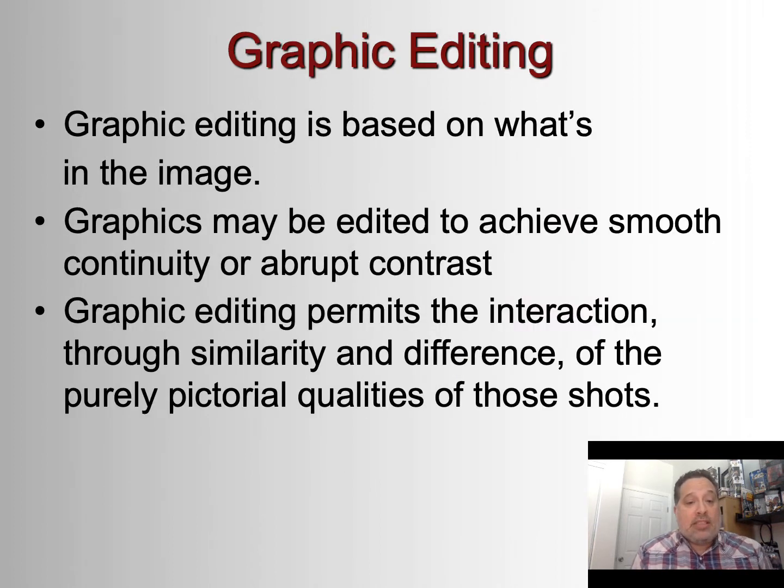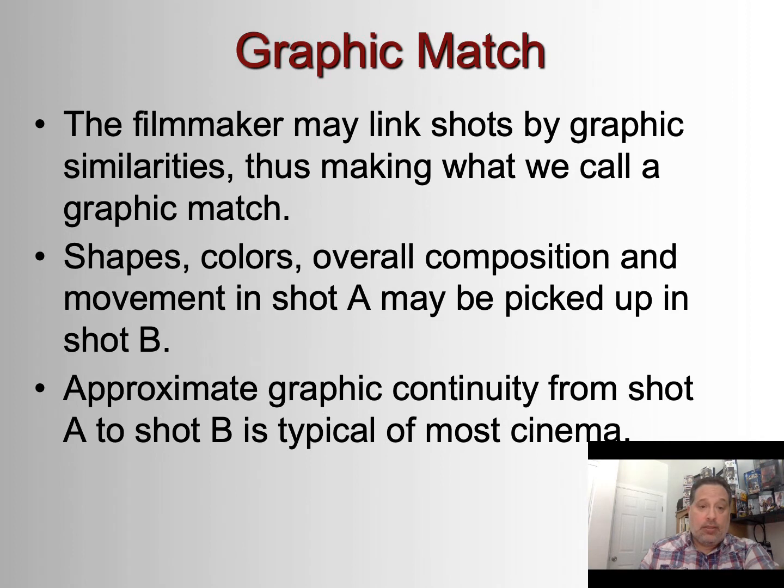So graphic editing is based on what's in the image. We know that shots at their most basic are images. And graphics may be edited to achieve smooth continuity or abrupt contrast. Graphic editing permits the interaction through similarity and difference of the purely pictorial qualities of shots.